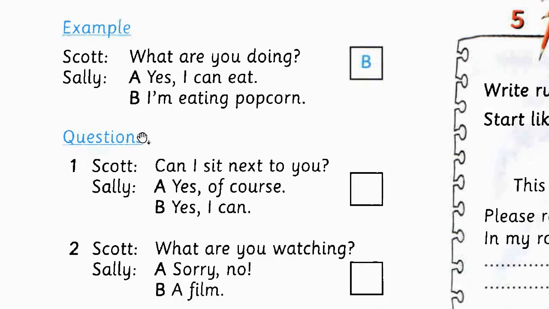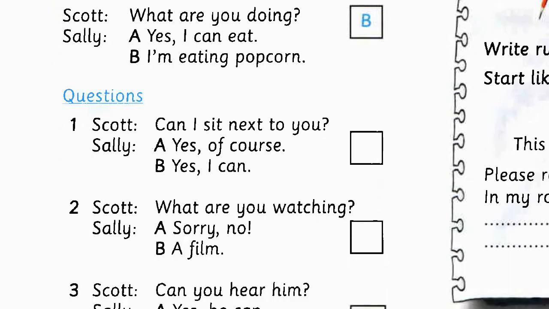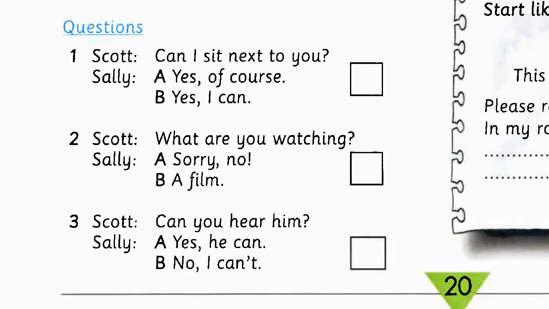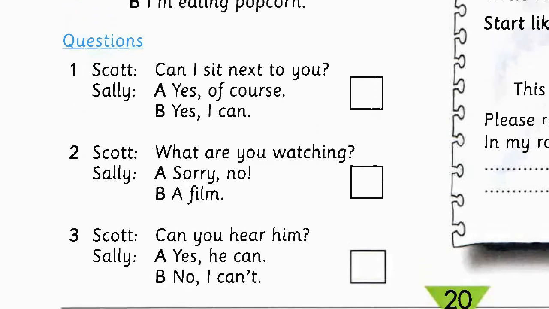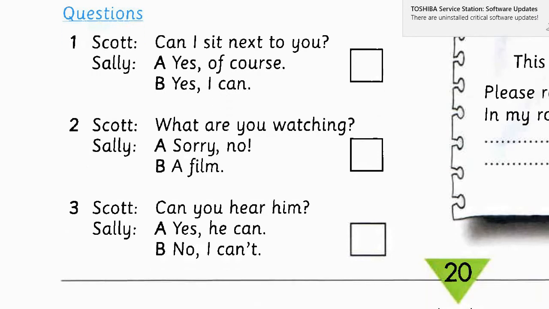Now, everybody go to the questions from number 1 to number 3. You need to find the correct answer. Number 1, can I sit next to you? A, yes, of course. B, yes, I can. Which one is the correct answer? Look at question number 2.